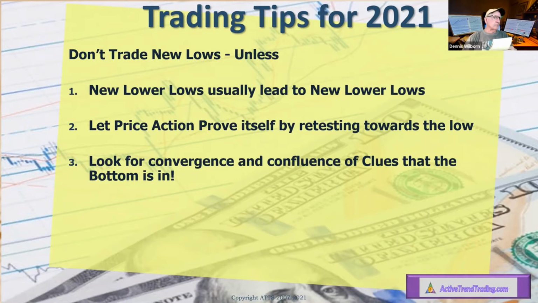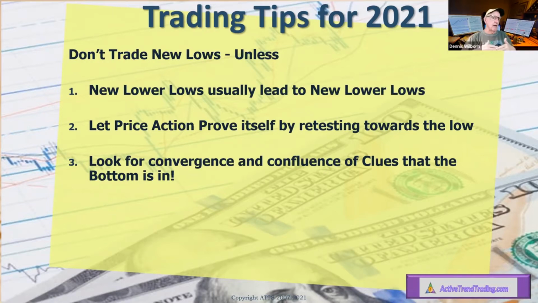Oftentimes people will try to over-anticipate the bottom, or where they think the bottom is, and they wind up getting their face ripped off, especially if they're trading options or leveraged ETFs. You can get your face ripped off because you over-anticipate the low, and you do it over and over again, hence the term whipsaw. Let price action prove itself.